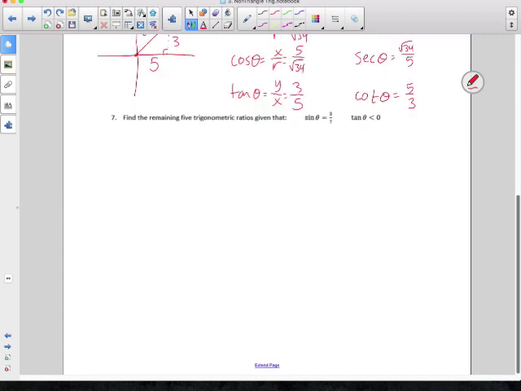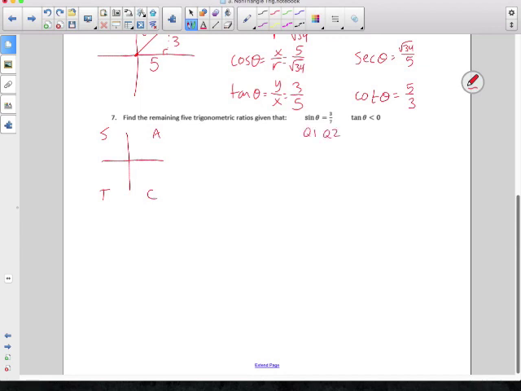Let's find the remaining five trig ratios given that sine theta equals 3 over 7 and tangent is negative. Let's think back to our All Students Take Calculus. If sine theta equals a positive 3/7, we know we're in either quadrant 1 or quadrant 2.